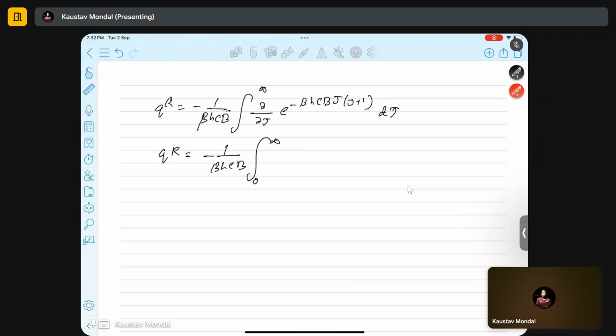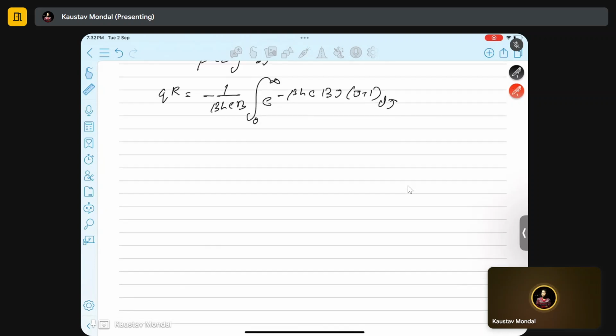So it becomes e to the power beta HCB J into J plus 1 dJ.